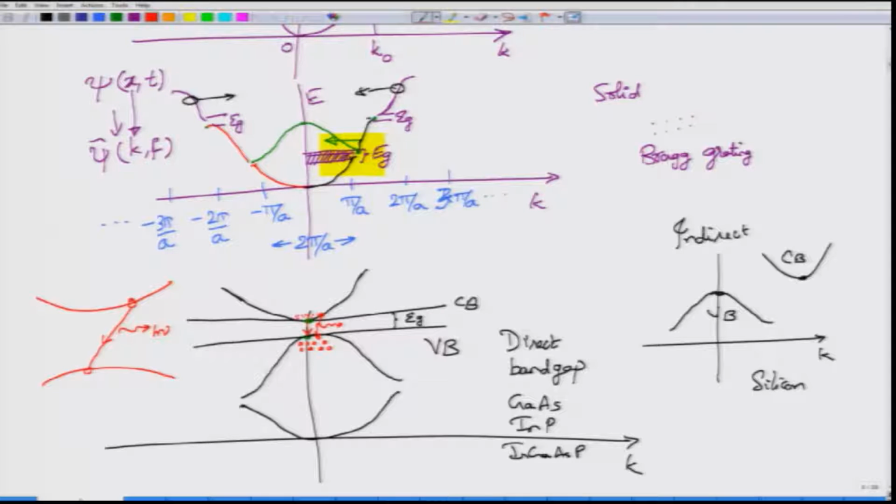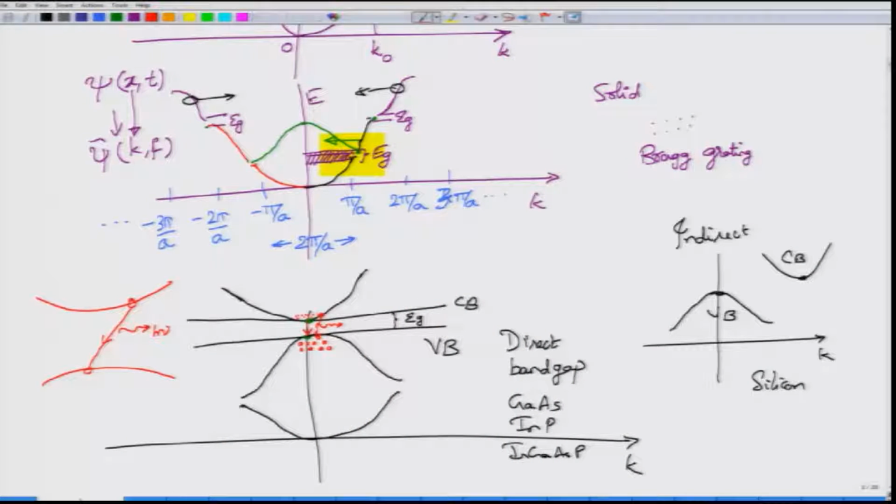This is not the same scale as this one. I am just showing it because I can't draw an arrow and show it to you in a nice clear way. So, when this happens, the photon's energy corresponds to a certain momentum. Let us call this h bar k e, and this h bar k h, where k h stands for the hole and k e stands for the electron.